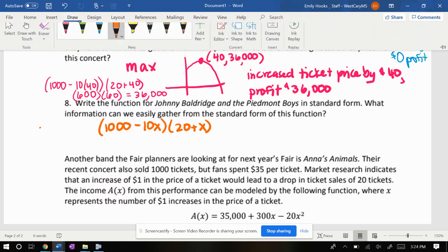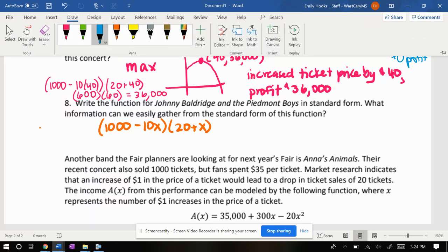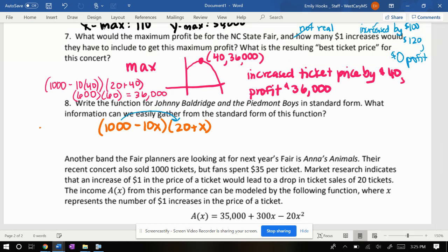So I'm going to do a different color. Distribute. 1,000 times 20 is 20,000, plus 1,000x minus 200x minus 10x squared.